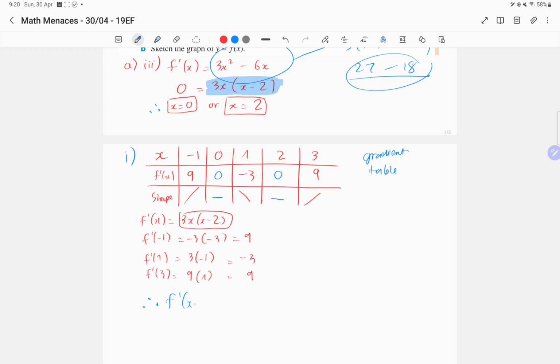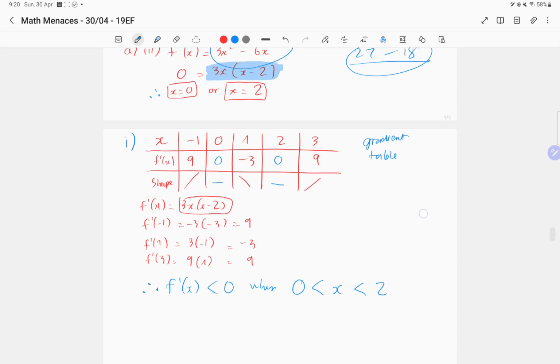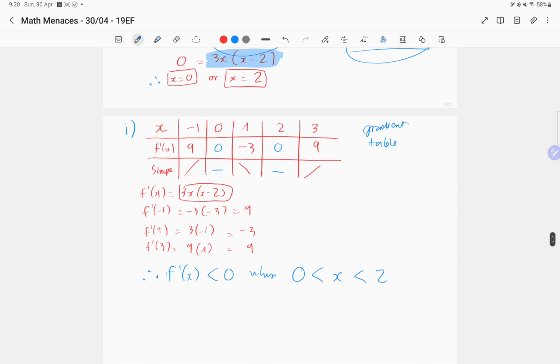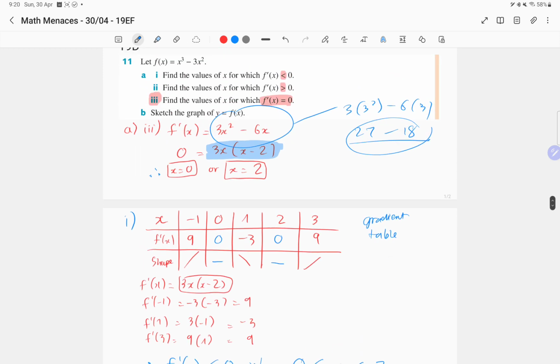So f dash x is less than 0 when x is sandwiched between two values, and you always use the format 0 less than x less than 2. Make sure it's not less than or equal to, it's just less than, because they ask for the derivative strictly less than 0 here.